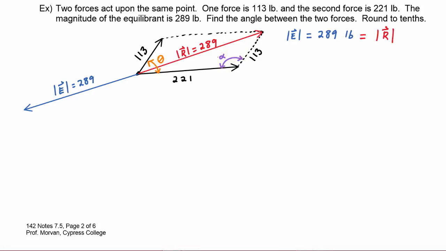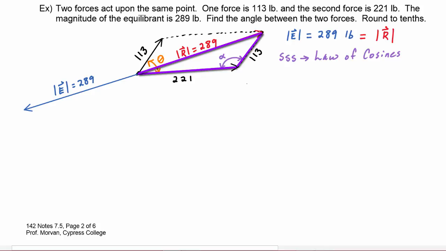Now to find alpha, we analyze our triangle and see that we are given side, side, side, which means we can use the law of cosines. Since alpha is the angle we are solving for, we know that its opposite side, which is this 289, is going to be the side that's isolated.